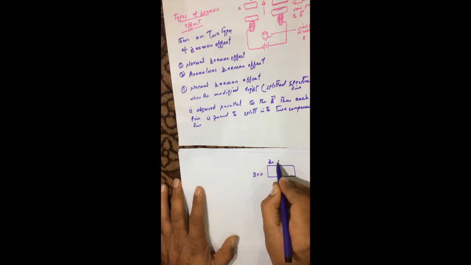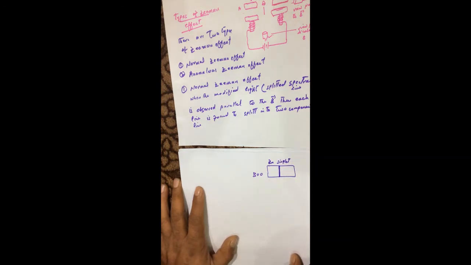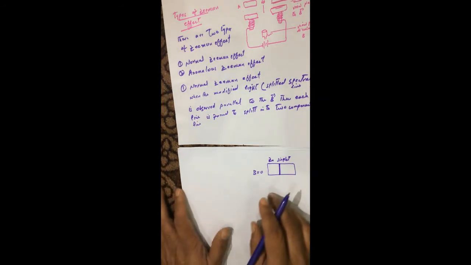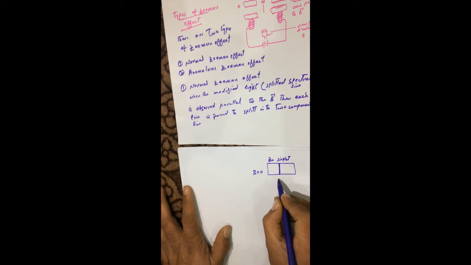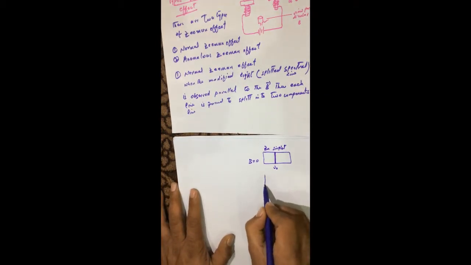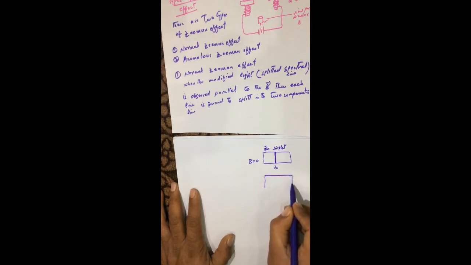This is zinc singlet. Now this single component, let's suppose it has a frequency nu naught. Now, once we pass it through the magnetic field and observe it in a direction which is parallel to the magnetic field, then this single line is split into two lines.